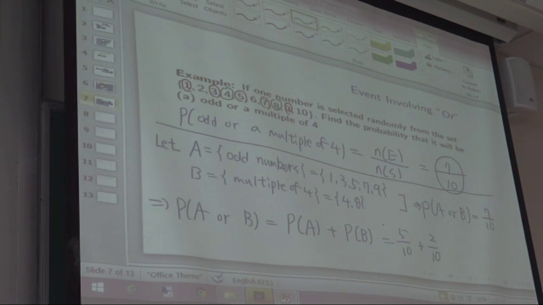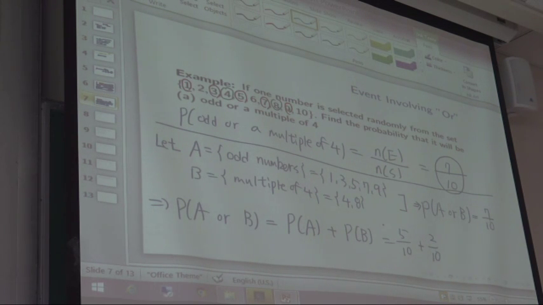Now for set A and set B, there is some relation between A and B. They are mutually exclusive. There is no overlap between these two, right? When there is no overlap, when you find the probability of A or B, we just add them separately: the probability of A plus the probability of B. That's the probability of A or B when there is no overlap.